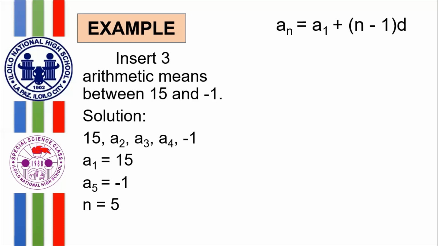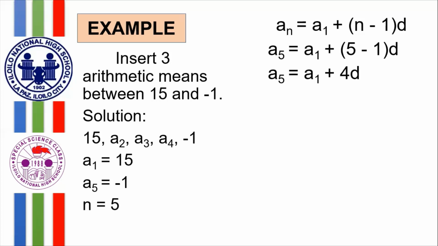And since we are fully aware of the explicit formula, a sub n equals a sub 1 plus quantity n minus 1 times d, we will replace all n's by 5. With that, it gives us a sub 5 is equal to a sub 1 plus 5 minus 1 times d. So this simplifies to a sub 5 equals a sub 1 plus 4d.